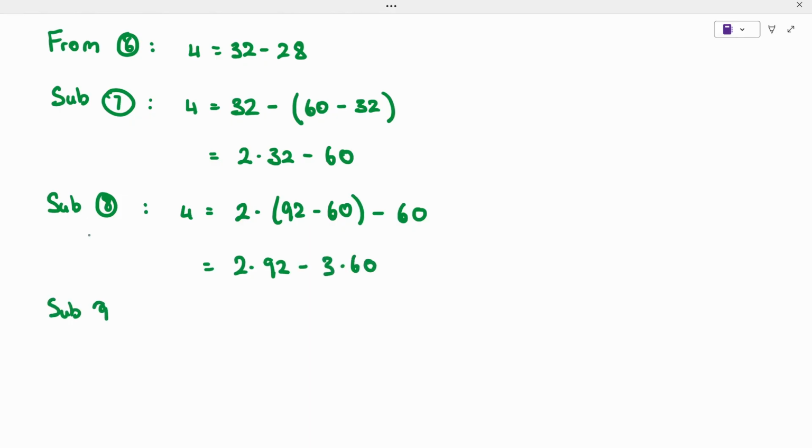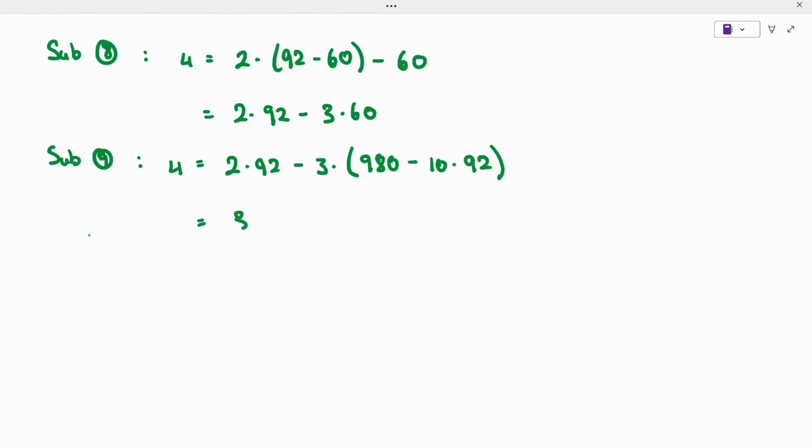Substituting equation 9, we'll get that 4 is equal to 2 times 92 minus 3 times (980 minus 10 times 92). So this gives us 32 times 92 minus 3 times 980.